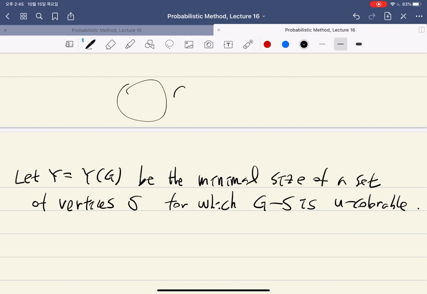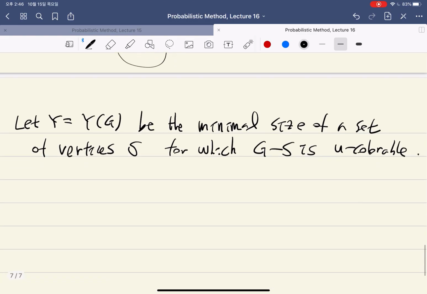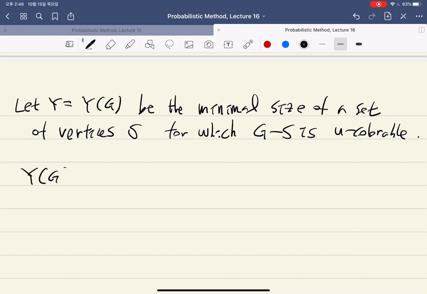So again, if G is already u colorable, then we don't have to delete anything. But if it's not u colorable, then you consider the minimum number of vertices such that once you delete them, the rest can be colored with u colors. This is a function defined on this random graph. And this random graph is considered as a collection of independent random variables.